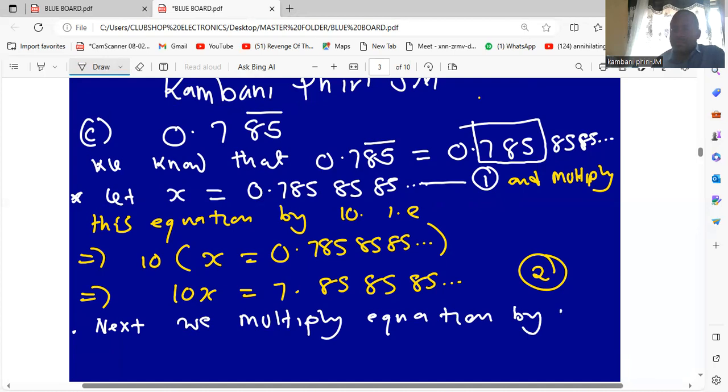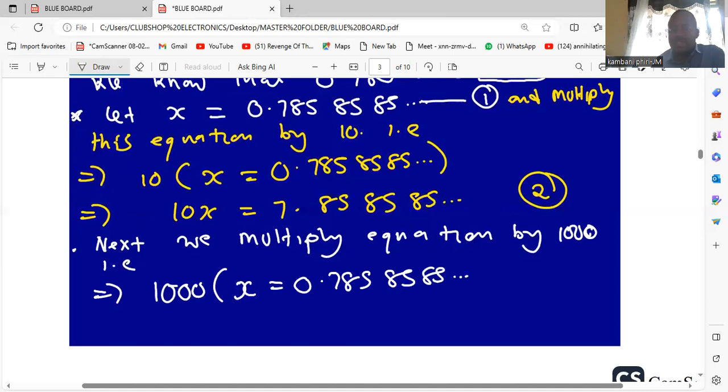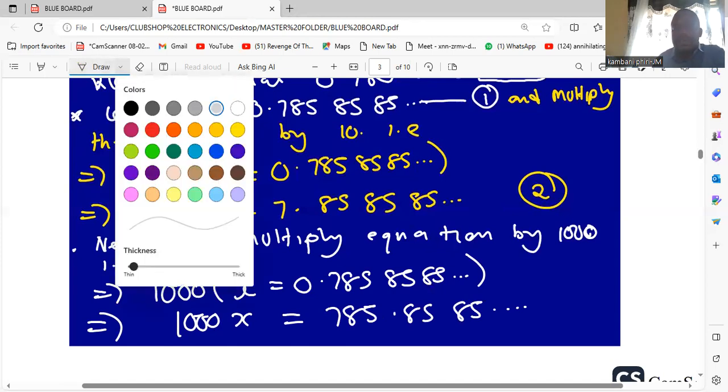That is 1,000x is equal to 0.785... up to positive infinity. So upon simplification, we have got 1,000x is equal to 785.85... up to positive infinity, and we call this equation 3.